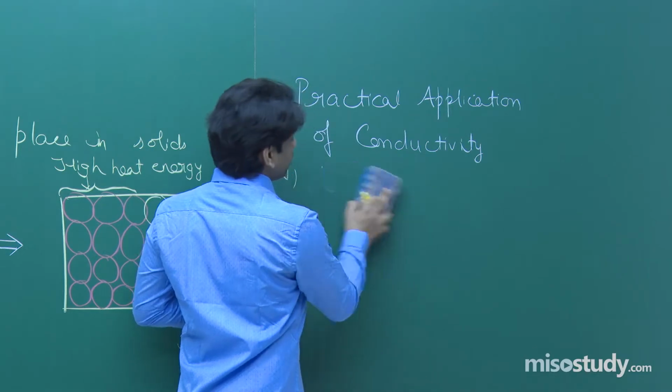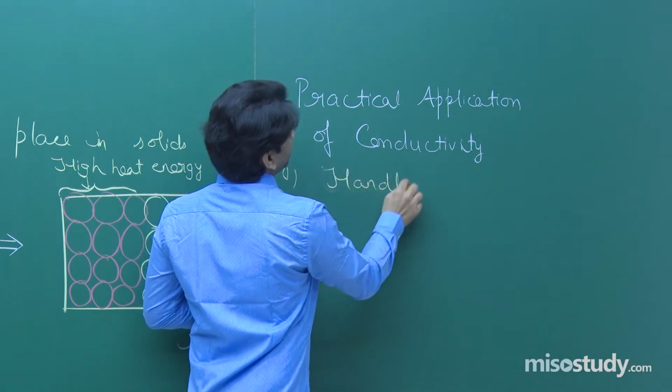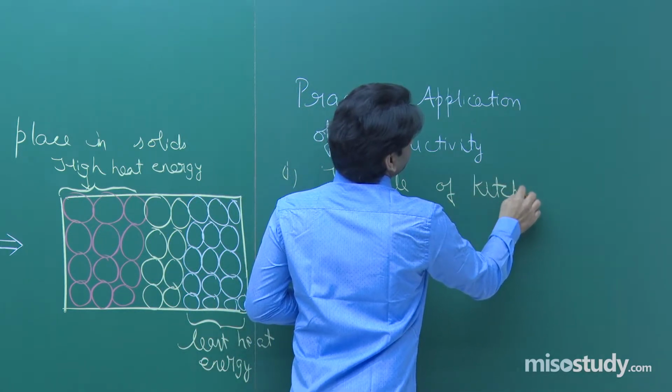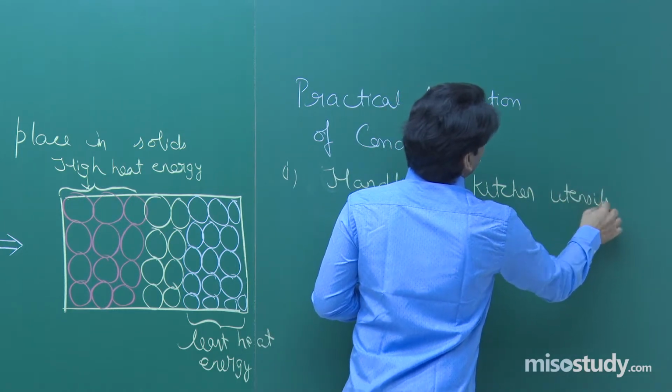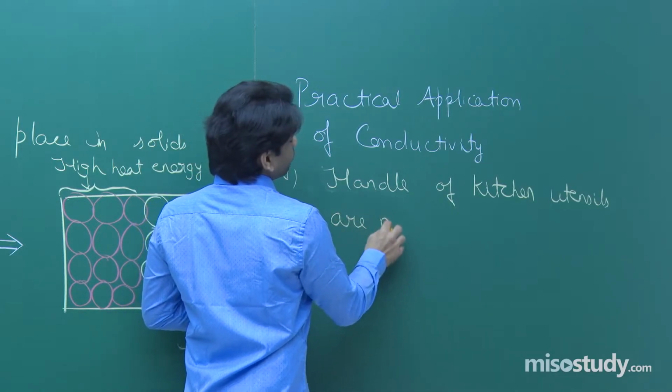This is one of the practical applications: handles of kitchen utensils are made of wood.